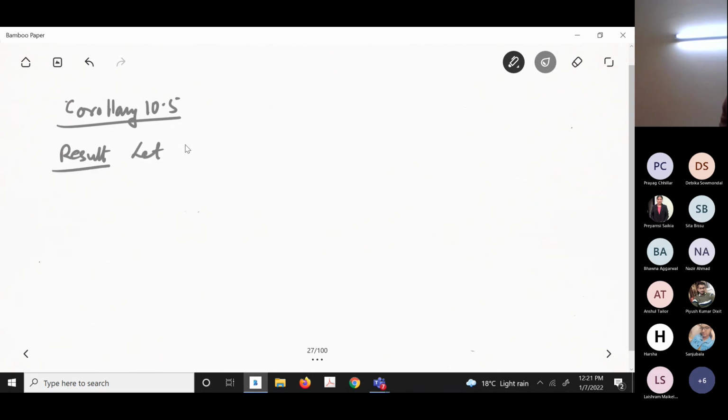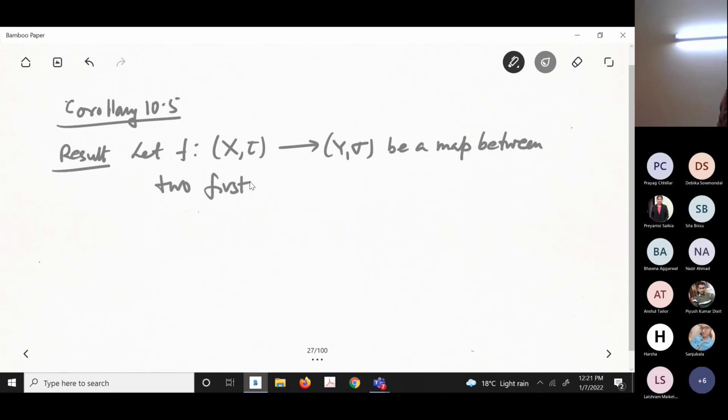Let f from (X, tau) to (Y, sigma) be a map between two first countable spaces.